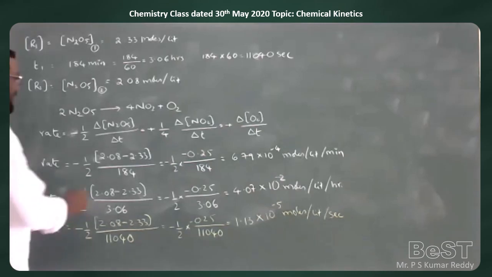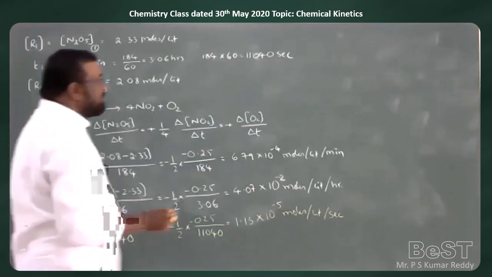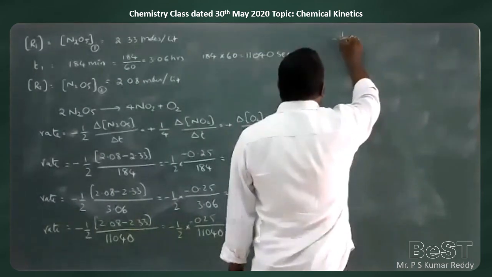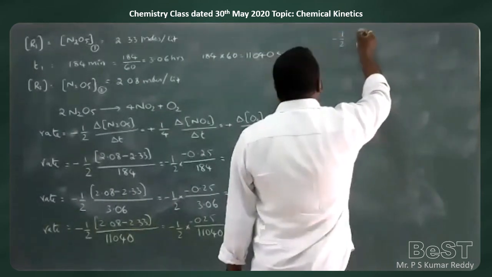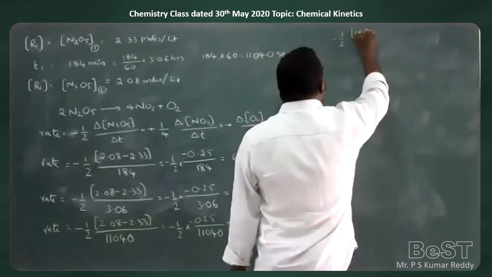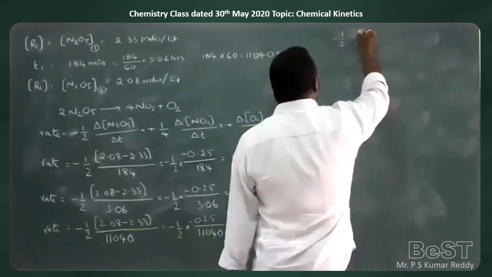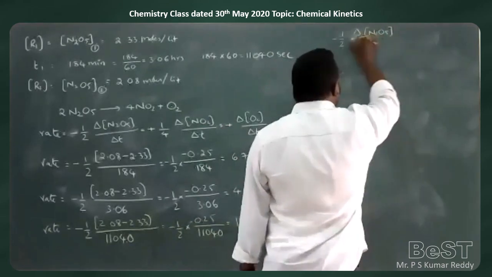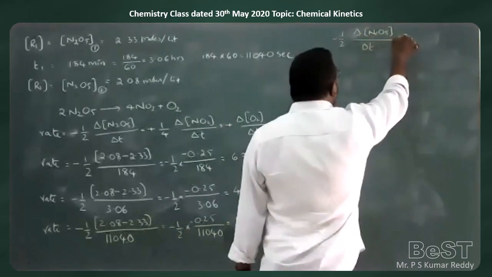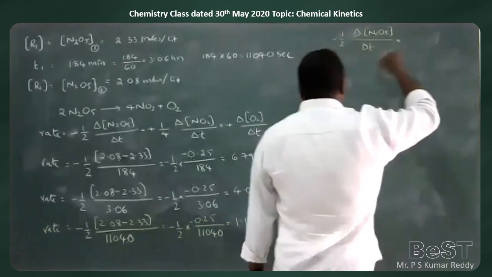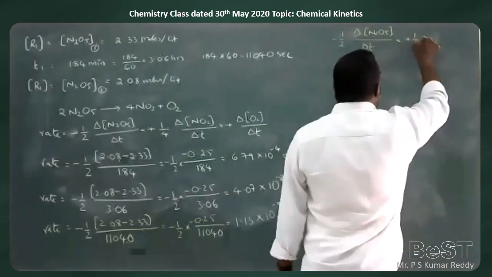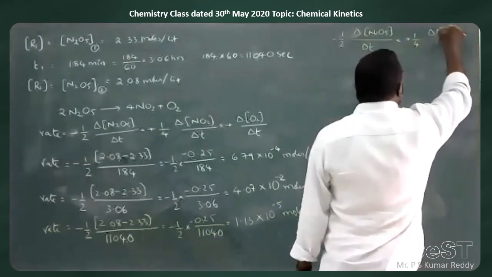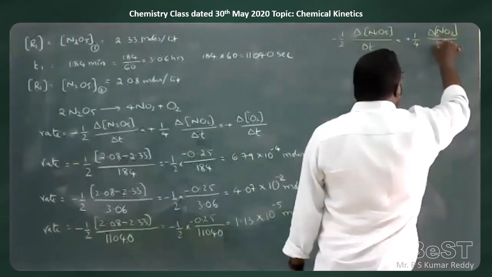Here we have this relationship. What is the relationship? Already we had seen minus 1 by 2 delta N2O5 by delta t is equal to plus 1 by 4 delta NO2 by delta t.